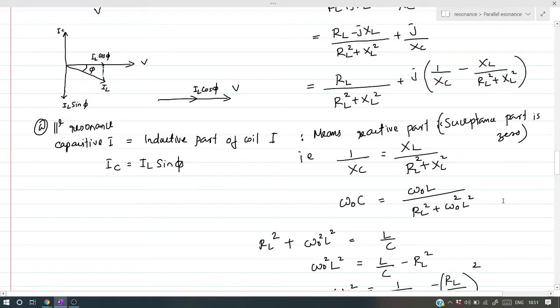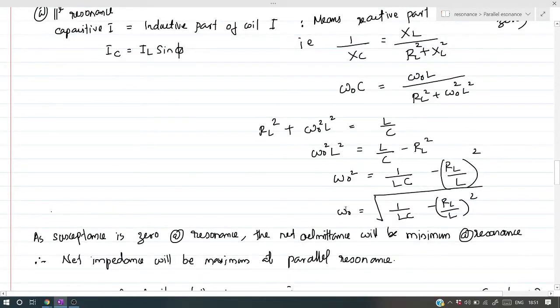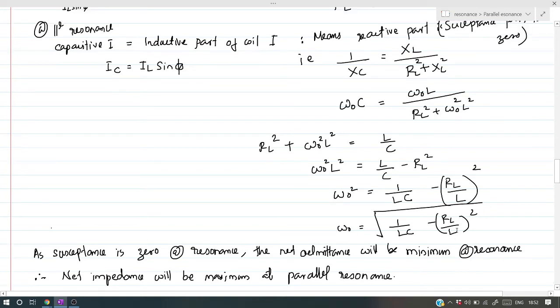RL square plus omega 0 square L square is equal to L divided by C. Further simplify, we can write down this expression: omega 0 is equal to root of (1 by LC minus (RL divided by L) all square). When we are neglecting coil resistance RL, this expression becomes omega 0 is equal to 1 by root LC, or F0 is equal to 1 by 2 pi root LC, which is exactly equal to resonance frequency under series resonance condition.